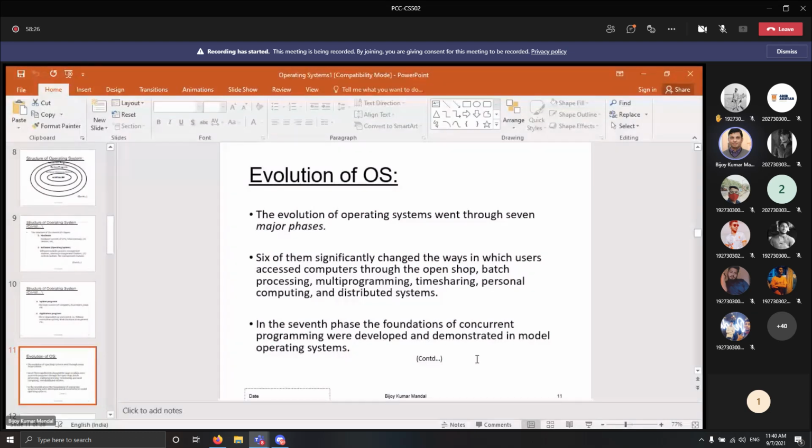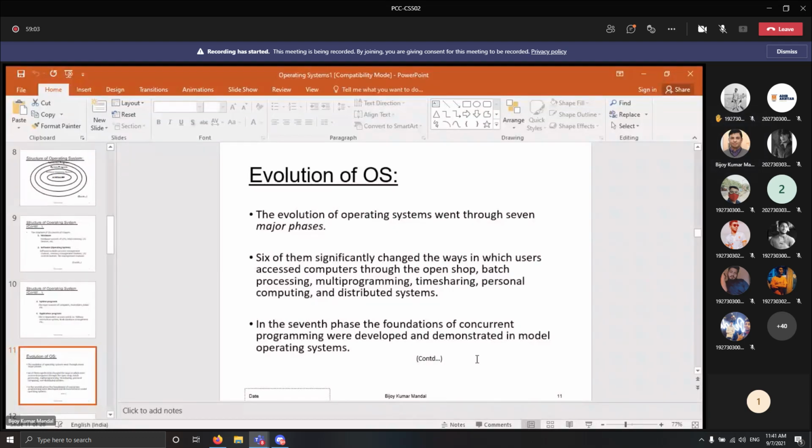Windows 1.0 to 2.0 came between 1985 to 1992. Windows 3 and 3.1 came in 92-94. Windows 95, first Windows 95 came in the year 95.